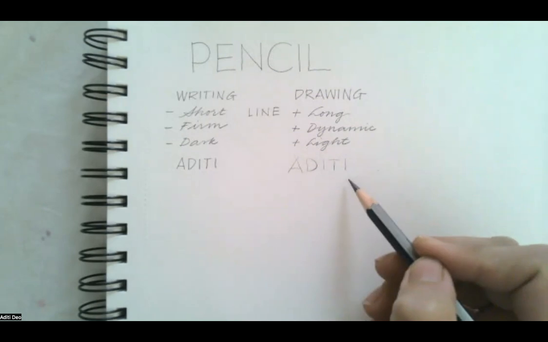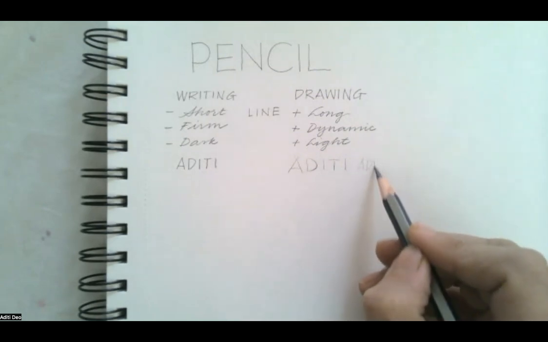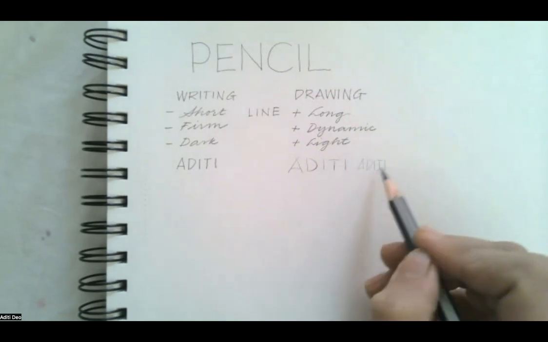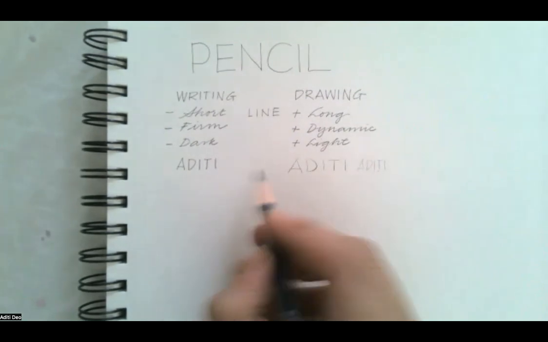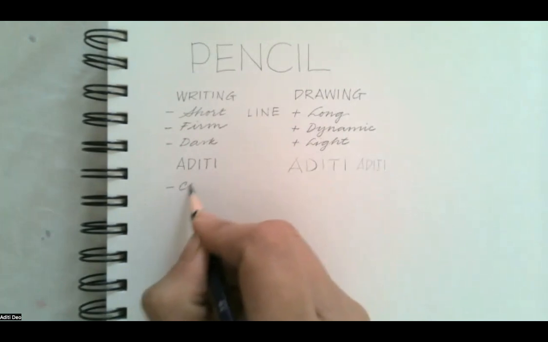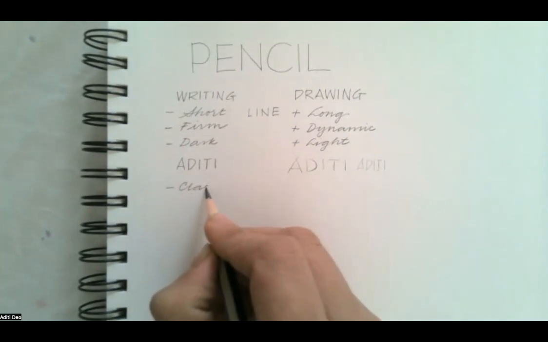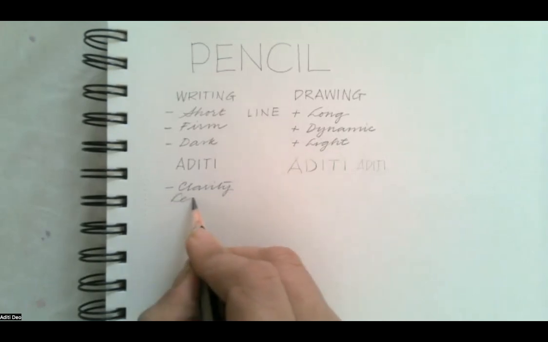Some places it's light, some places it's dark, and so I could even make it even lighter. And this is pretty much a useless line as far as writing is concerned, because for writing, there is a different purpose. You need clarity and legibility.